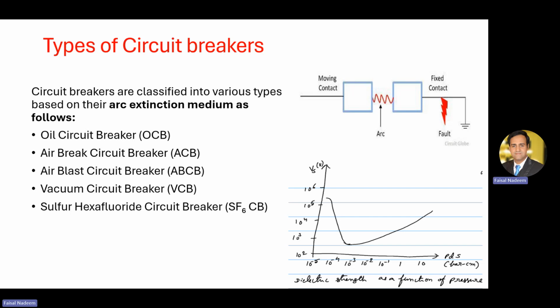And what does that result in? It will result in the breakdown, damage, and burning of the circuit breaker. So we have to stop this phenomena.